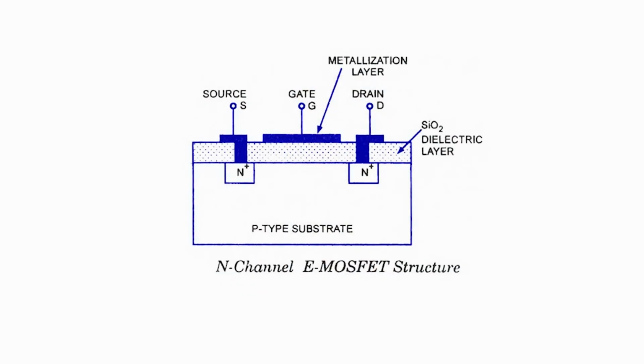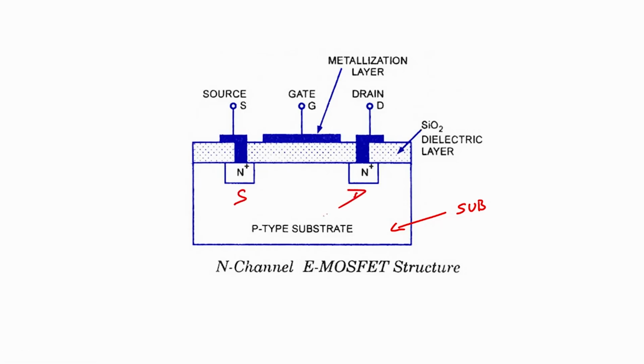So, if you come back to the screen, what you see is the MOSFET that we have already seen, the schematic, which is your n channel enhancement type structure, and we already know it has a p type substrate, and then you have source, you have drain. It can be like this, it can be in a different way also.